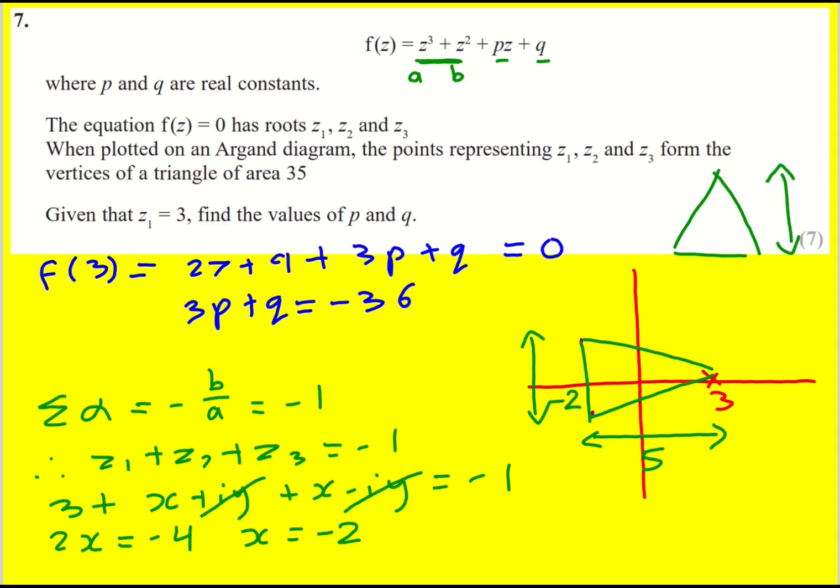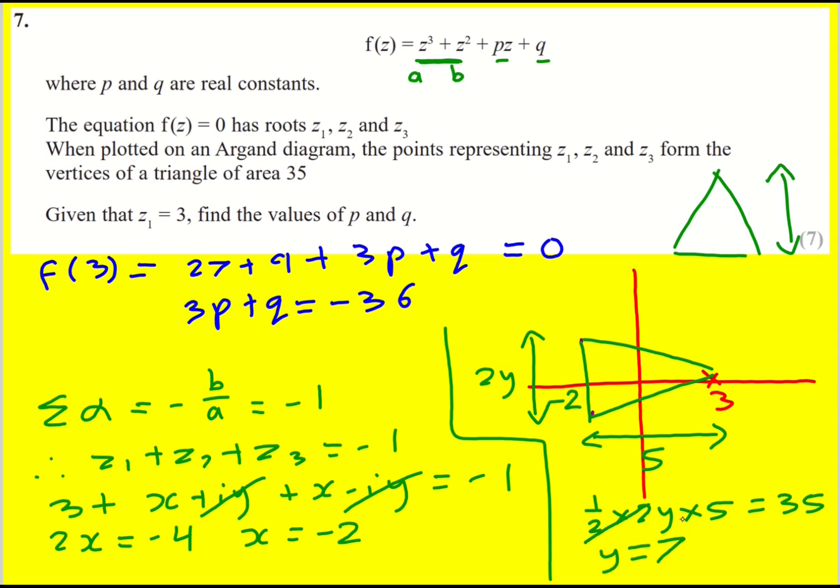Then the base, this vertical length, is actually going to be 2y. So I can say that half times 2y times 5 must equal 35. These cancel. y is going to equal 7. And I've got the roots then.